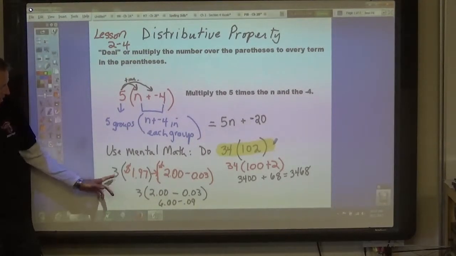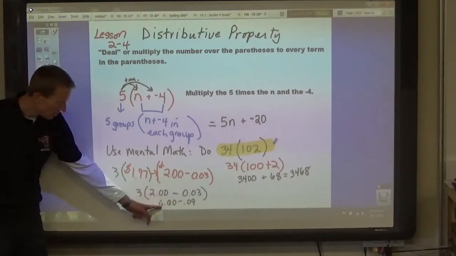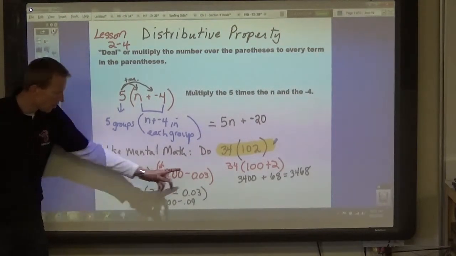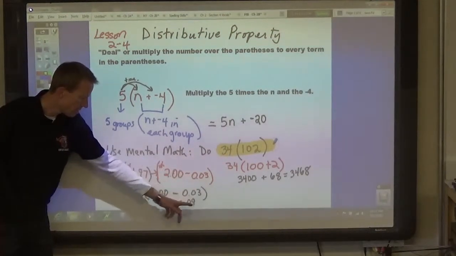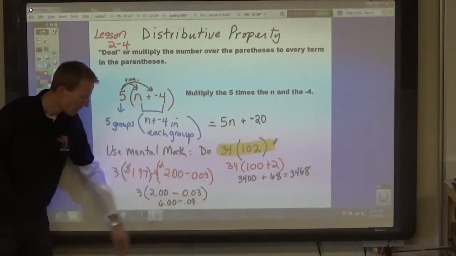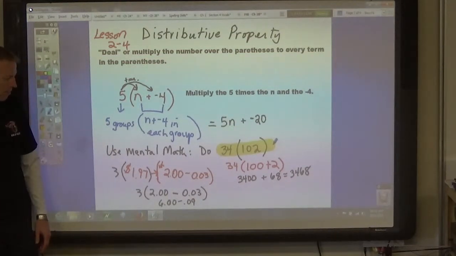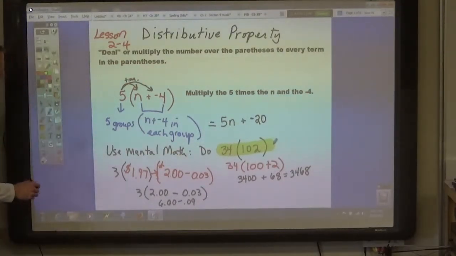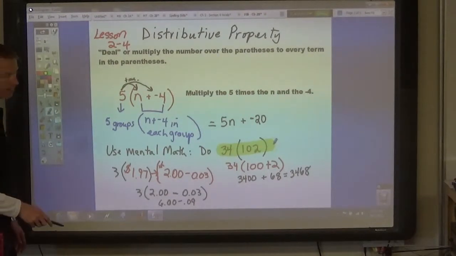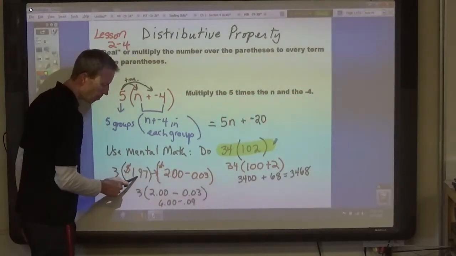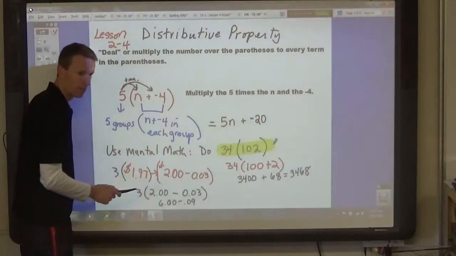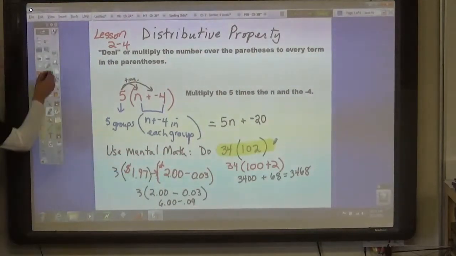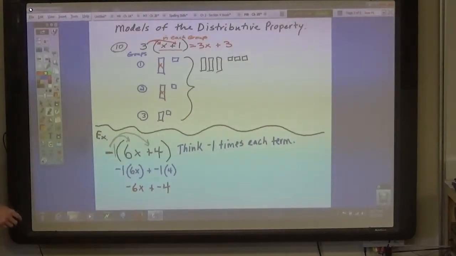And then doing 3 times $2 is $6. 3 times 3 cents is 9 cents, and then subtracting to get $5.91. Okay? So it's estimating. It's not estimating. Rounding? It's writing this number as an expression. My math textbook did this.